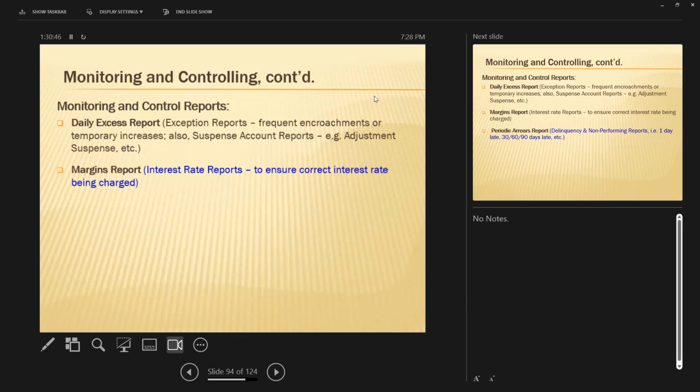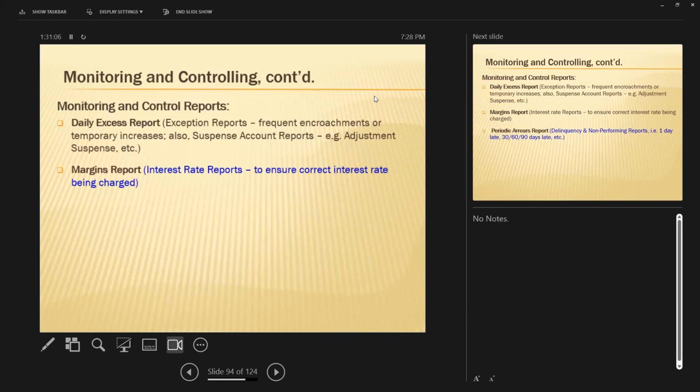So also overdraft accounts. Current accounts will also be in your margins reports, because you want to make sure that those overdrawn accounts, those overdraft accounts, are attracting the right interest rate. Let me deal with the overdrawn accounts first.